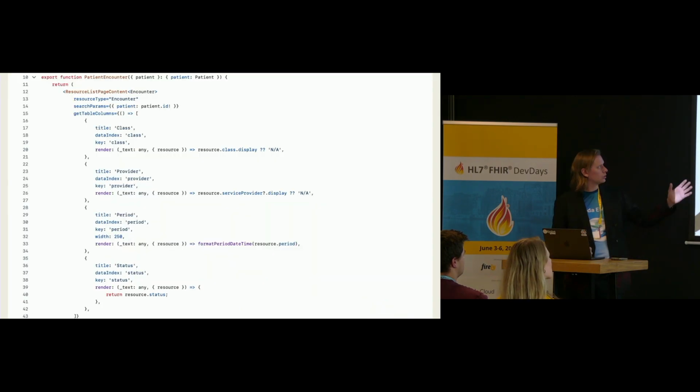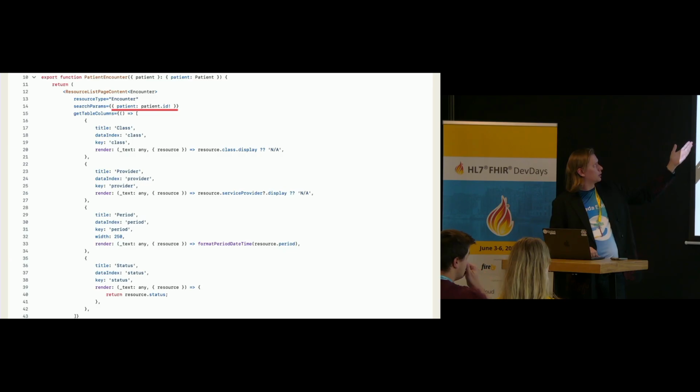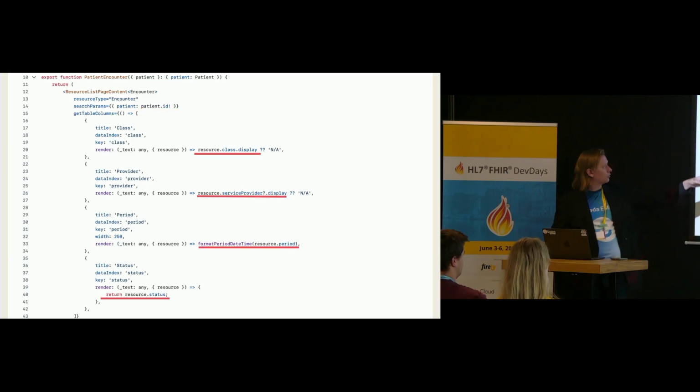Let's see how this screen looks as source code. First of all, we define a search parameter, and in this case we just filter encounters by the patient search parameter, passing the patient ID, and then we have this list of getters. You can see by the code I have here that they're basically attributes of the encounter.